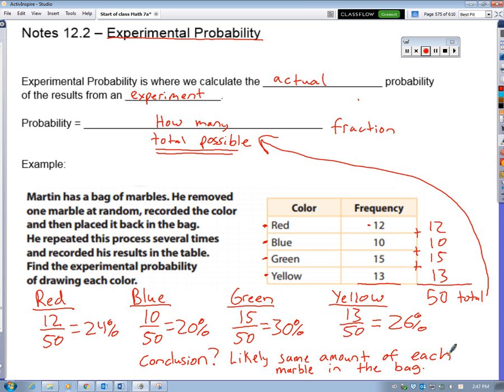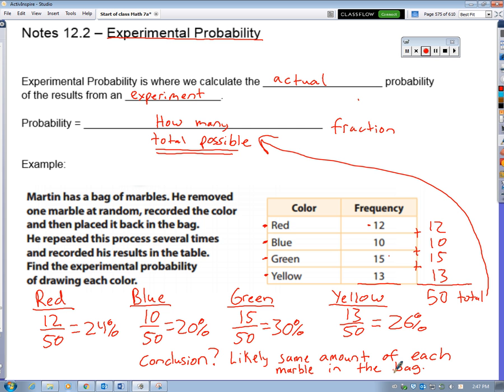We don't know how many there were of each marble in the bag, but based on the percentages and the fractions we got when Martin did this experiment, they all came out close to the same numbers. So we can say that there's probably about the same amount of each marble in the bag.